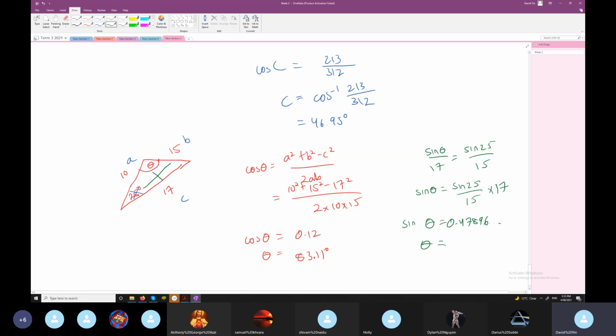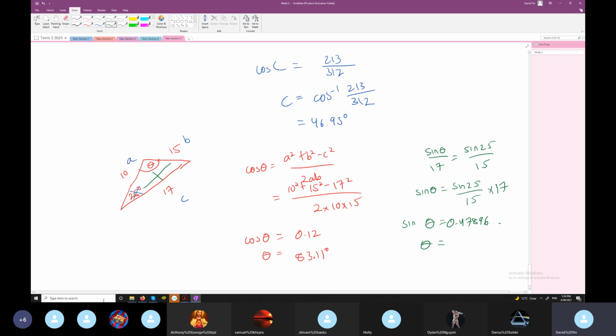Sine theta on 17 equals sine 25 on 15. Let me just double check this. Sine 25. So 0.12.